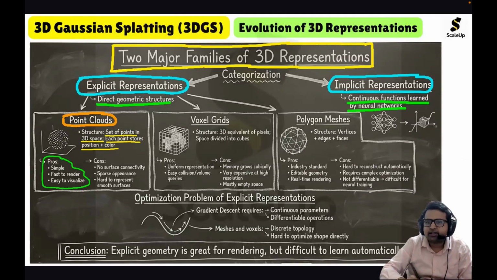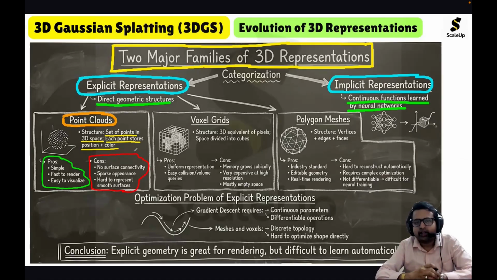But what are the limitations of this approach? No surface connectivity. In a point cloud, the points are disconnected, so it is discrete, not continuous. Sparse appearance, hard to represent smooth surfaces. That's a drawback of point clouds.